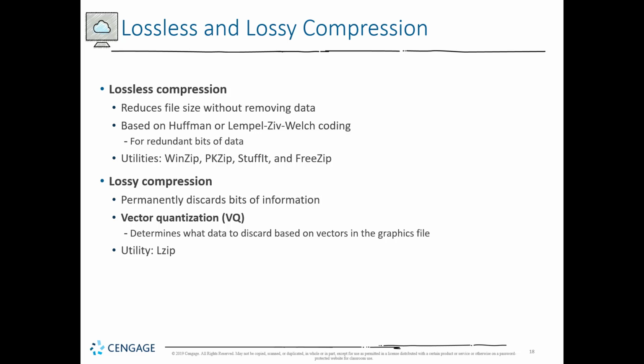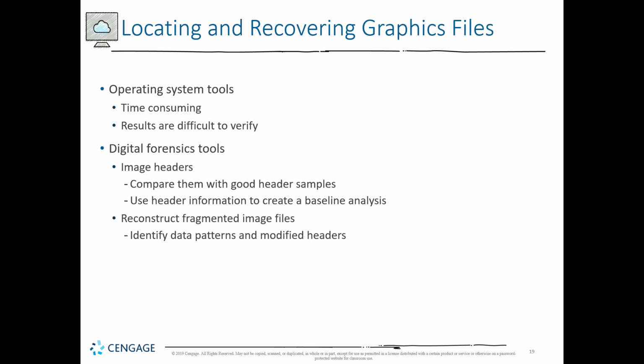All of this brings us to what happens when we need to locate, find, or recover those graphic files. Well, the operating system does have some tools, but they are time consuming, and the results aren't always up to par. There are forensics tools that can analyze a disk and pull out specific files. That also works.